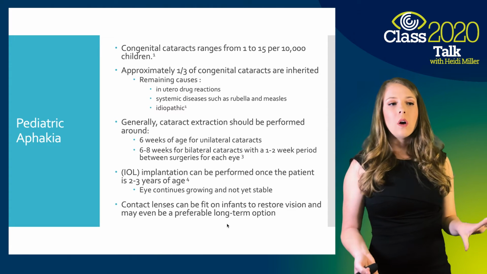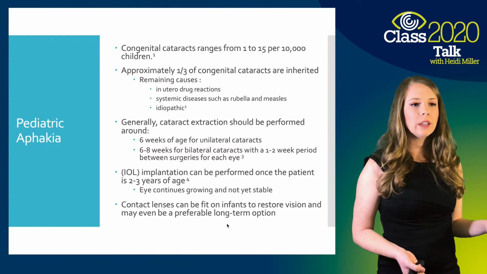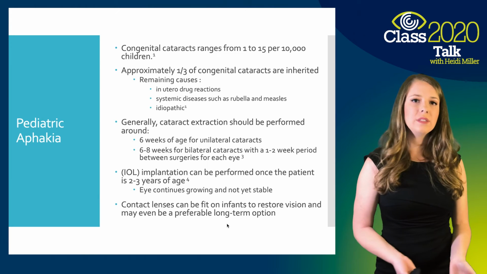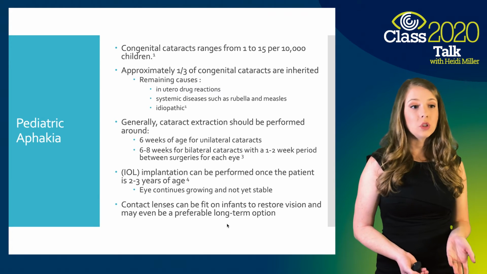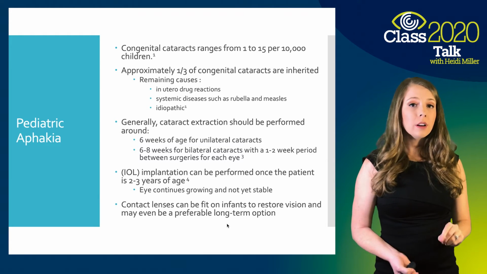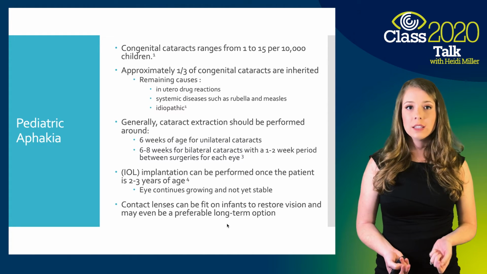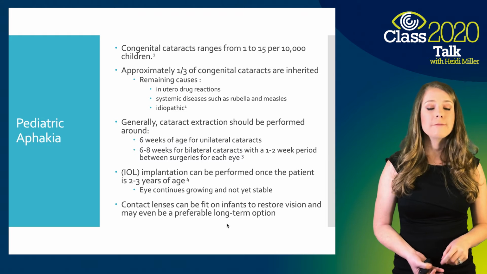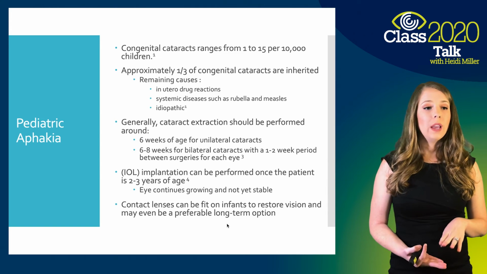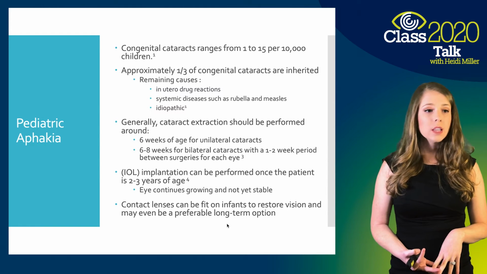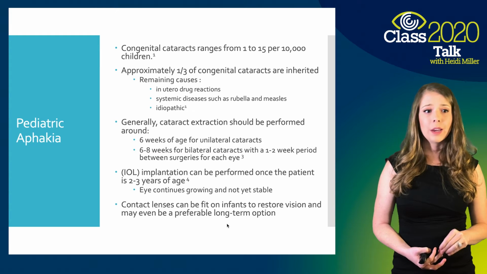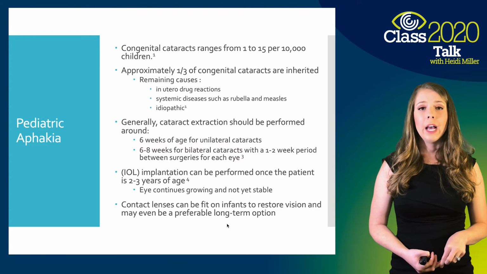So a little bit about some facts about congenital cataracts: they range from 1 to 15 out of 10,000 children, and approximately a third of these congenital cataracts are inherited. Some other causes of cataracts are in utero drug reactions, and also systemic diseases like rubella and measles.